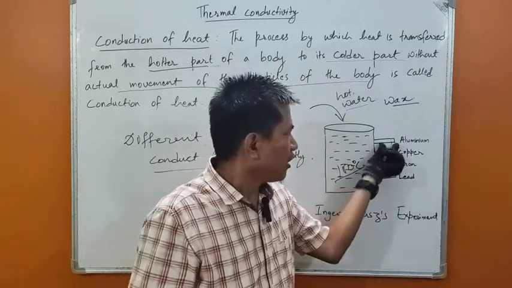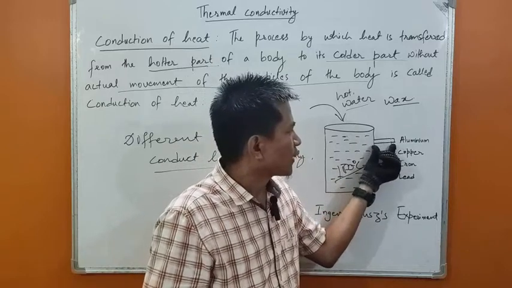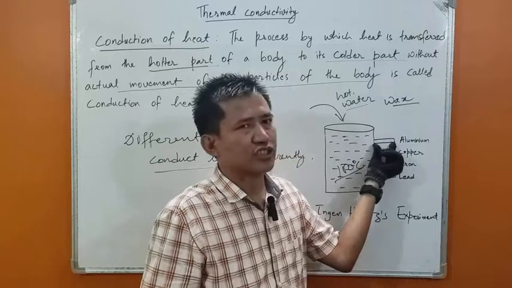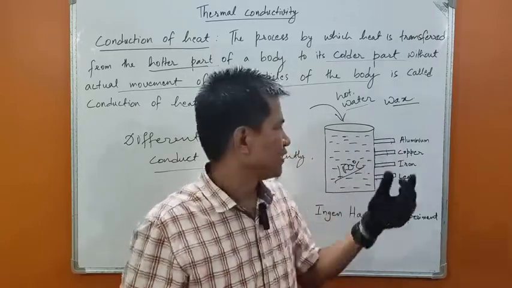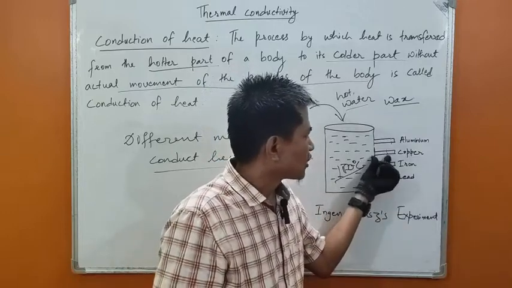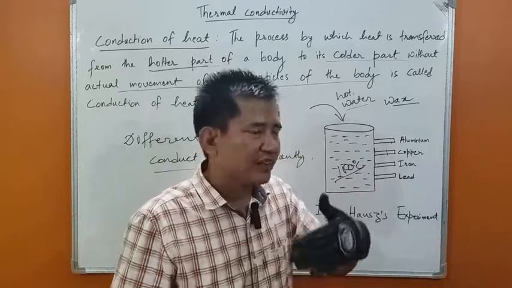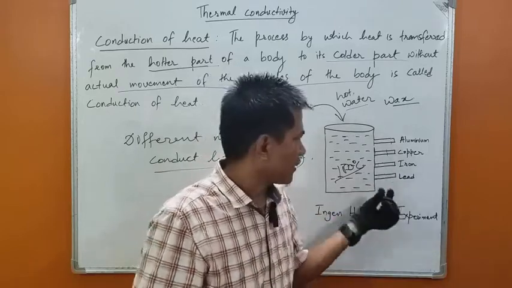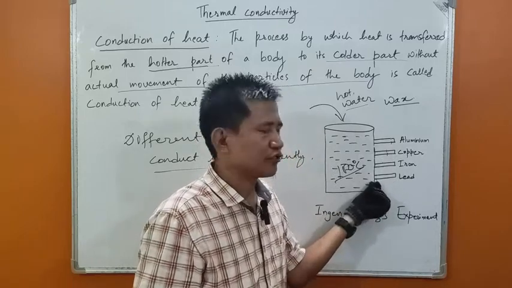So aluminum allowed so much heat energy to pass through it that the wax melted to this much distance. Copper allowed a little less heat to pass through it, so the wax melted to this much. And iron allowed a little less than copper, so the wax melted to this much level, and lead to this much level.